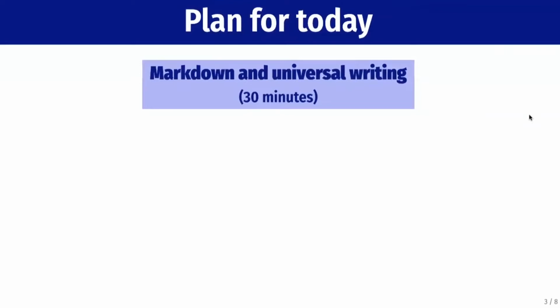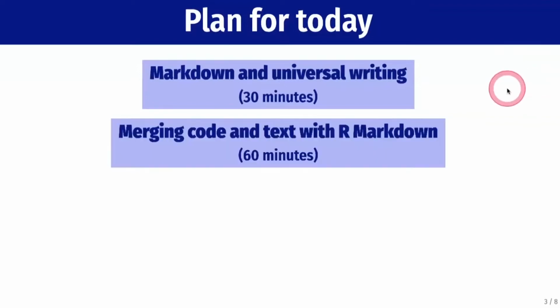You write in one document in one type of syntax, and then that can convert to HTML, LaTeX, Word, or whatever format you want, and you don't have to write in multiple formats.